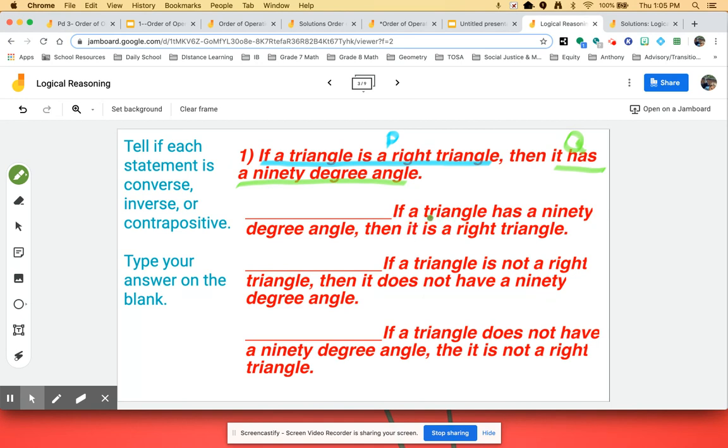My first statement is if a triangle has a 90-degree angle, that's my Q. So this is if Q, then it must be P, then it is a right triangle. That is my P. And so if it's Q and then P, then our answer is converse.